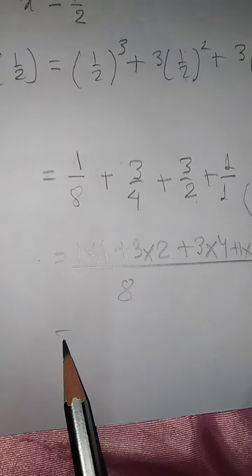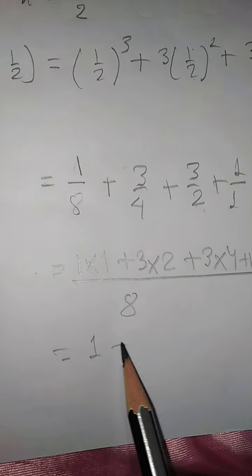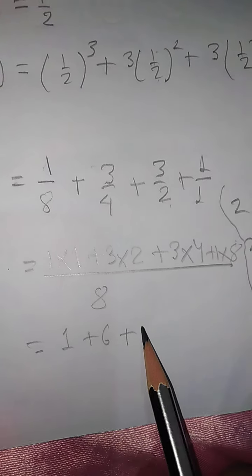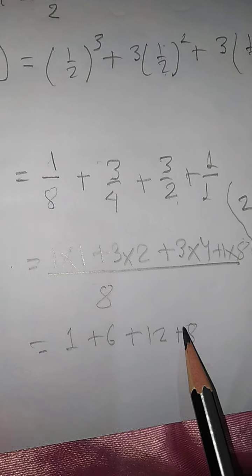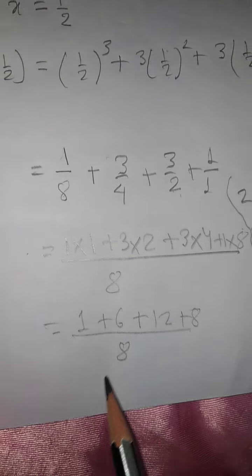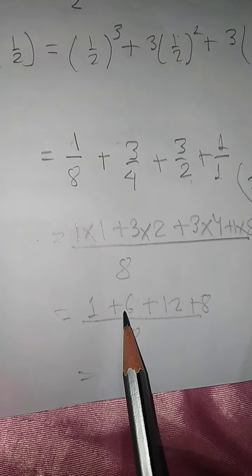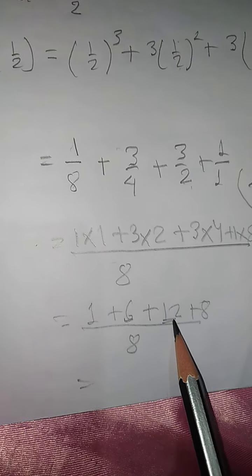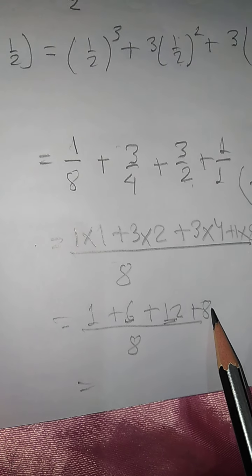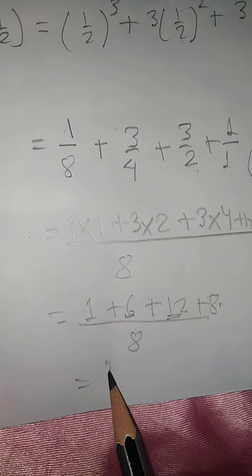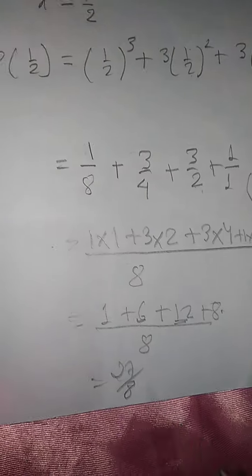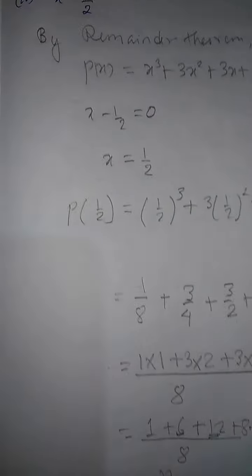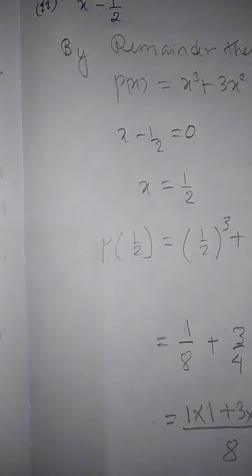Now this will become 1 times 1 is 1, 3 2s are 6, 3 4s are 12, 1 8s are 8, divided by 8. Now 1 plus 6 is 7, 7 plus 12 is 19, and 19 plus 8 is 27. So this is 27 by 8. So here the remainder is 27 by 8. Is it clear, students?